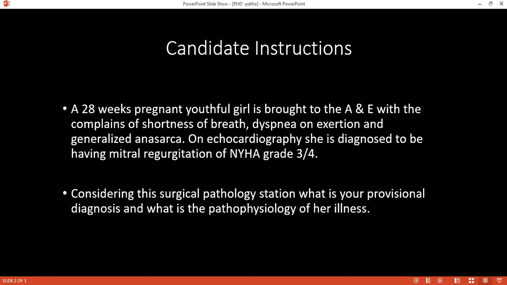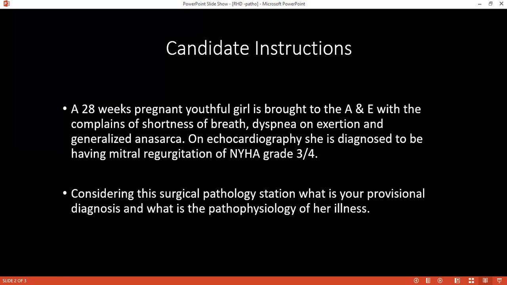Yes, the ECG will depend on which valve is affected, like aortic stenosis. Just suppose it's simple rheumatic heart disease, would you find anything of significance on ECG? Yes, we'll find something, but I couldn't remember.